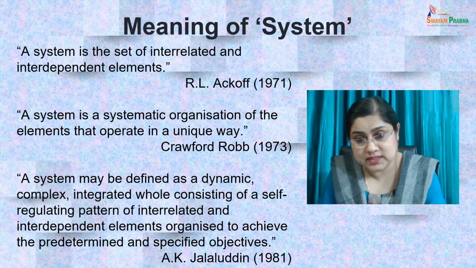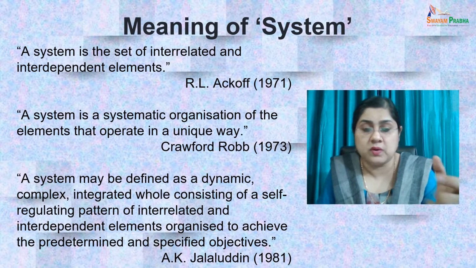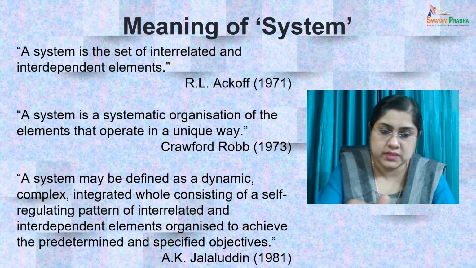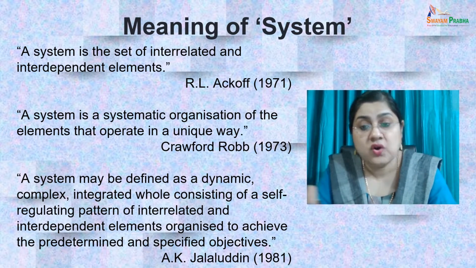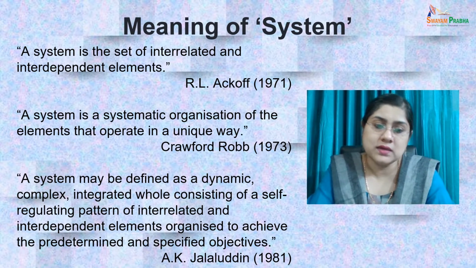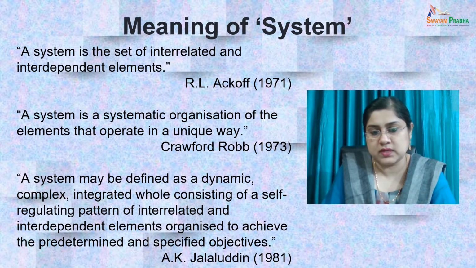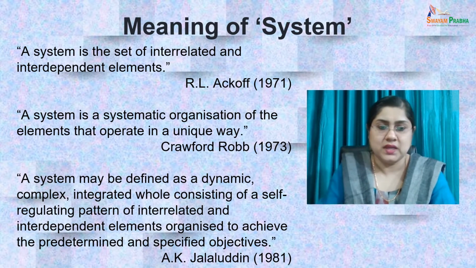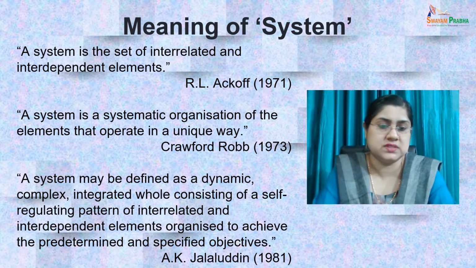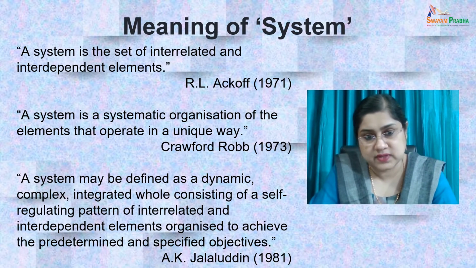This organization is going to work on the elements which are going to operate in a unique way. So according to Robb, a system is a systematic organization of the elements that operate in a unique way. So that's why we can say that this particular arrangement can be considered a system because it's operating in a unique way.